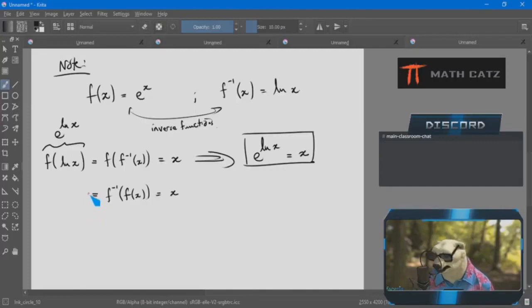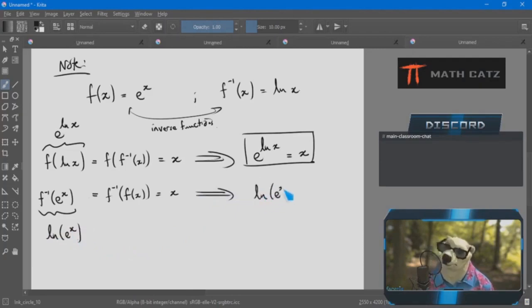So in this direction, I have f inverse, and the inside function is e to the x. So in this logarithmic function, the input is e to the x. So that means it's natural log of e to the x. Now, you don't need brackets, but I think brackets are nice there.